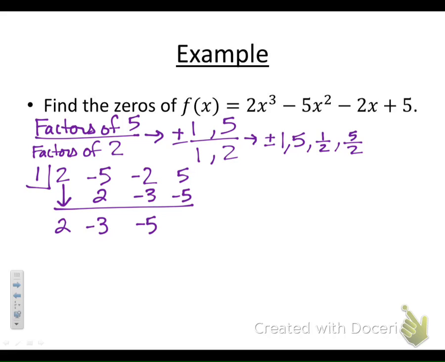Man, I guessed really well. We get a 0 as the remainder. So positive 1 is a 0.